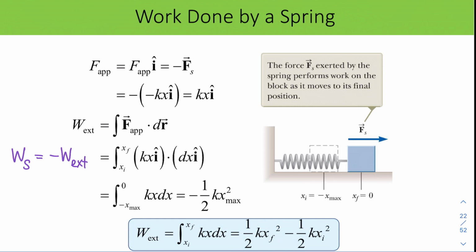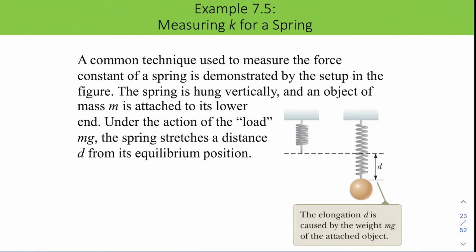So work done by the spring just now is half k x initial squared minus half k x final squared, which is the negative of half k x final squared minus half k x initial squared, isn't it? Okay.